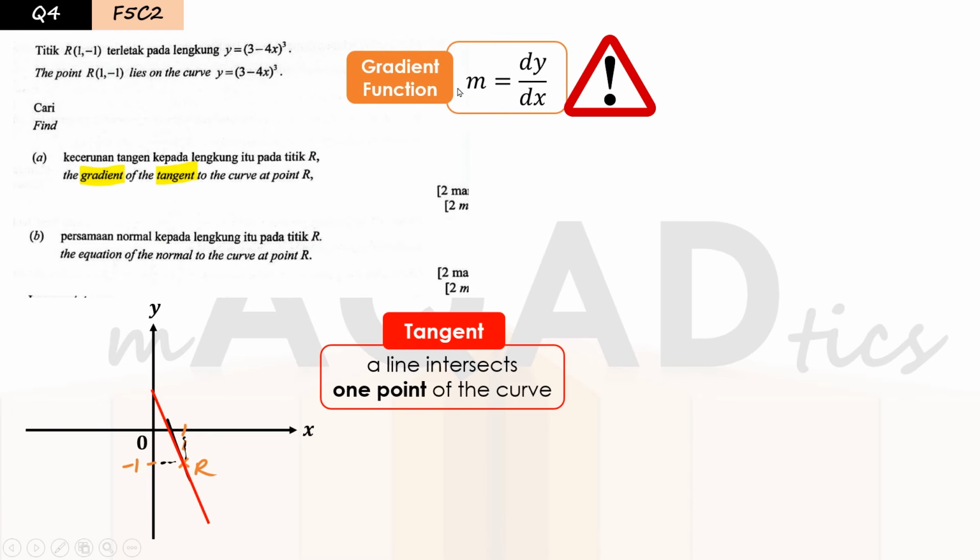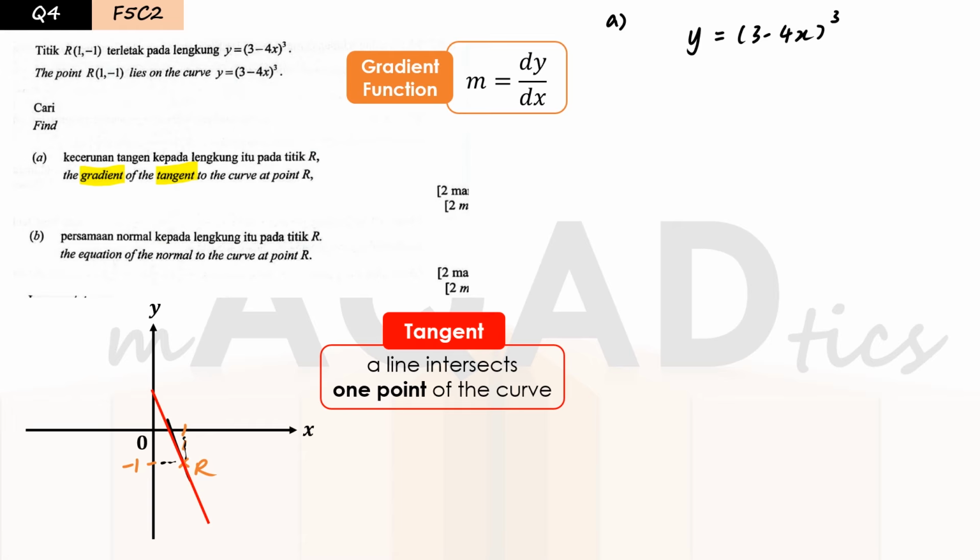If we want to figure out the value of m, the gradient, we need to find the value of dy over dx. So let us differentiate this equation and figure out dy over dx.